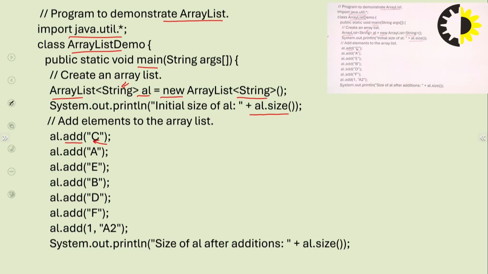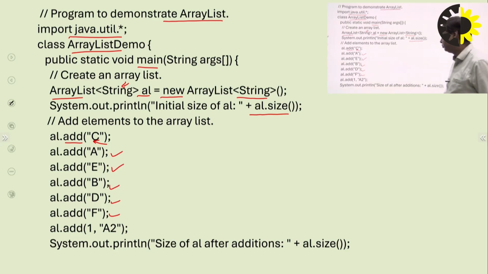C is String data, so C will be added into the collection. Similarly, A will be added, E will be added, B will be added, D will be added, and F will be added. So these 6 elements, C, A, E, B, D, F, are added in the collection, that is, in the ArrayList.